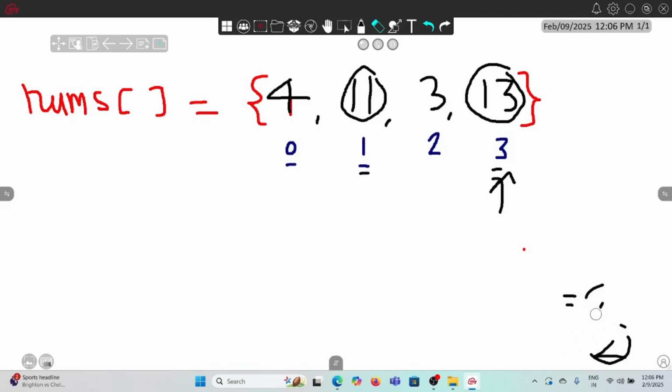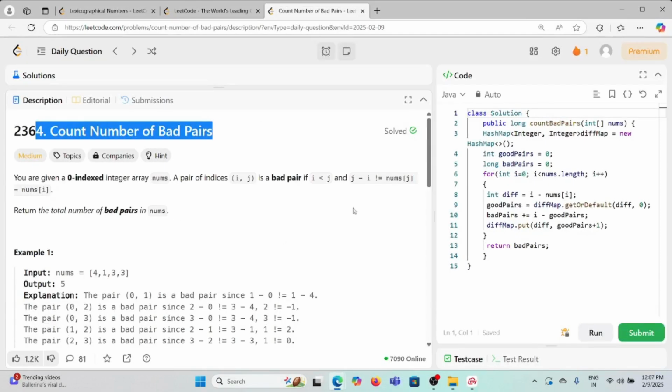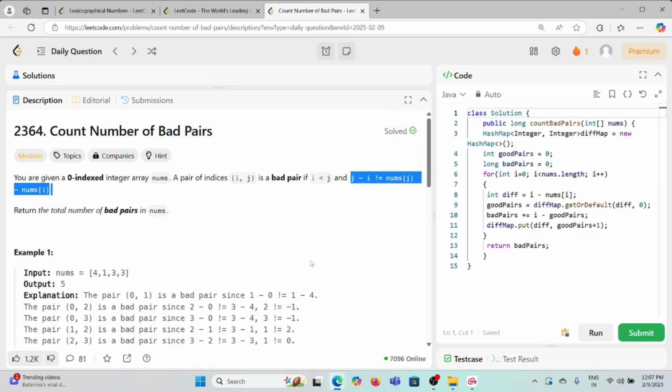Let's go ahead. What would be my approach? In the question, it is written that j minus i should not equal nums[j] minus nums[i]. So let me write it for the good pairs.